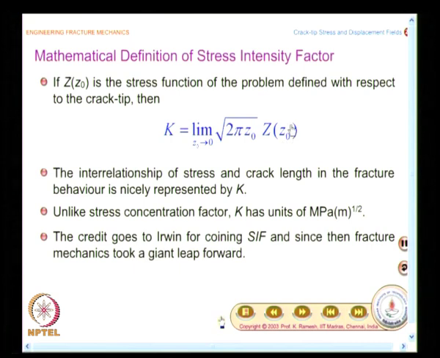In order to distinguish that the origin is shifted, I am using the symbol z naught. If stress function is known, multiply that by root of 2 pi z naught and put the limit z naught tends to 0. Then whatever the expression that you get will be the stress intensity factor for that particular problem.